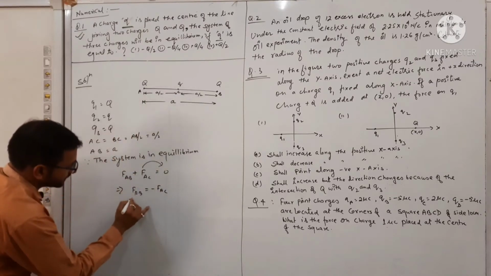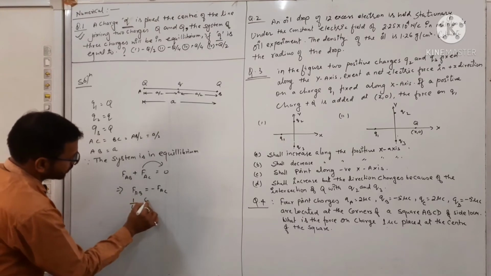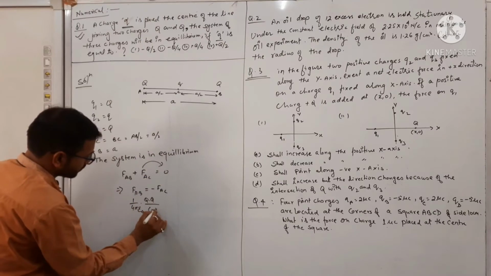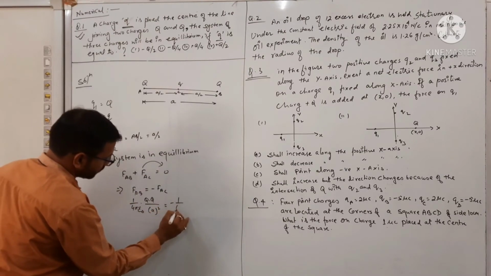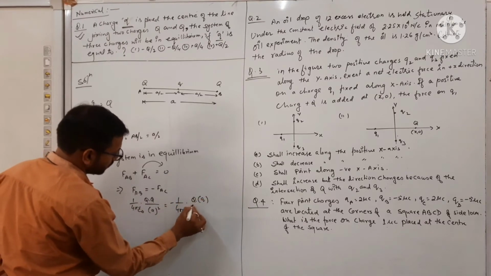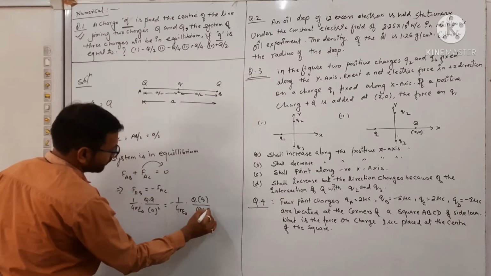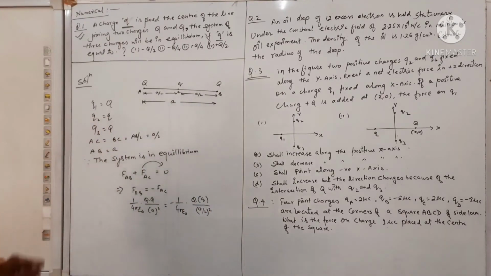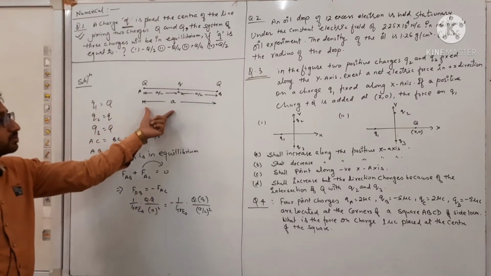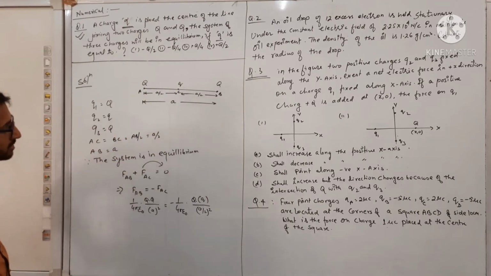So FAB means 1 over 4 pi epsilon naught, Q into Q over R square, means a square, and here negative 1 over 4 pi epsilon naught, Q into small q over this distance a by 2. If the system is in equilibrium, the total force of the system will be 0.